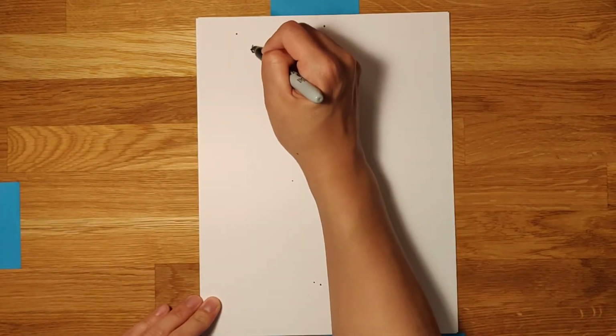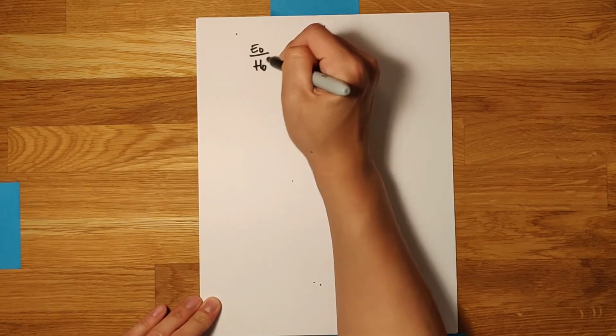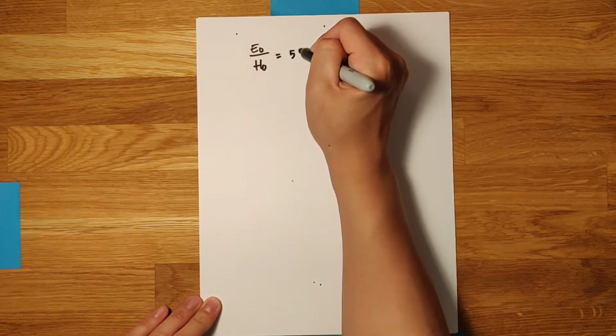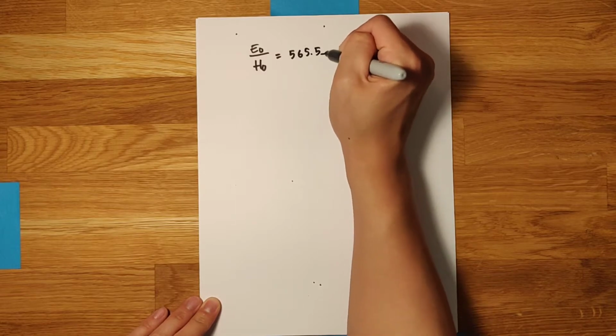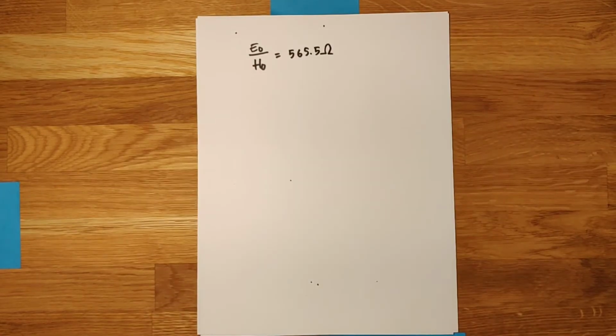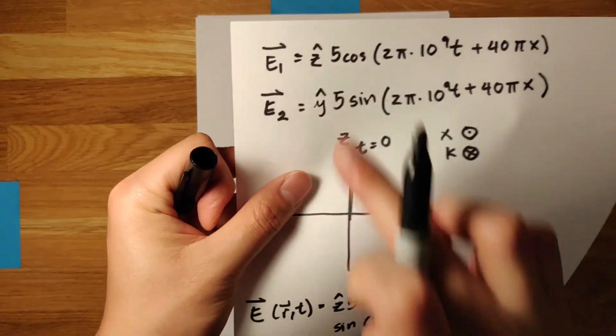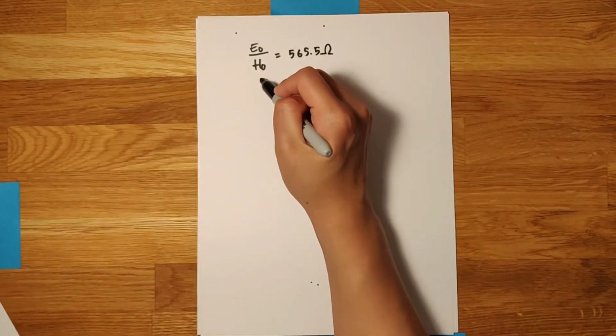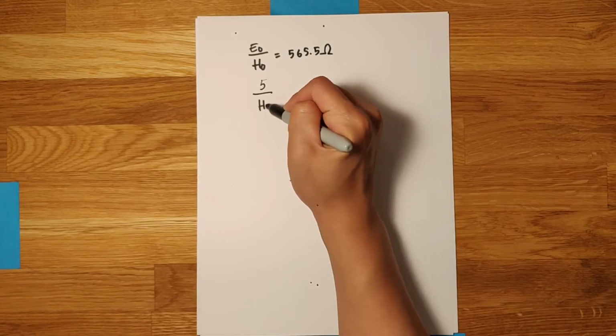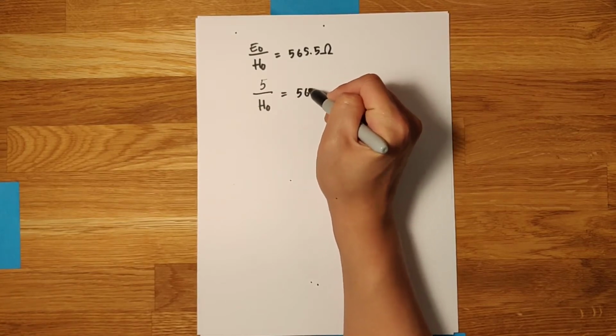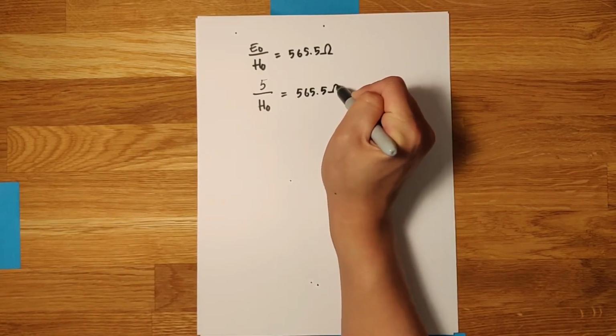So we know E naught over H naught is equal to 565.5 ohms, and our E naught is simply going to be 5. So 5 divided by H naught is equal to 565.5 ohms.